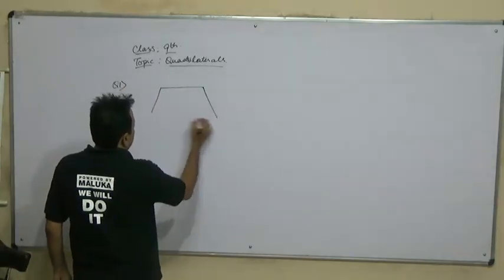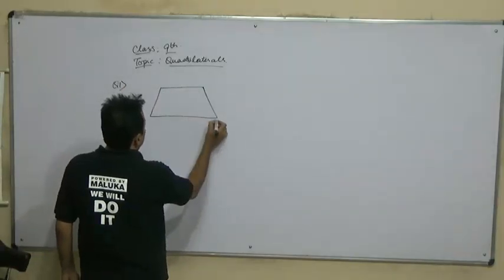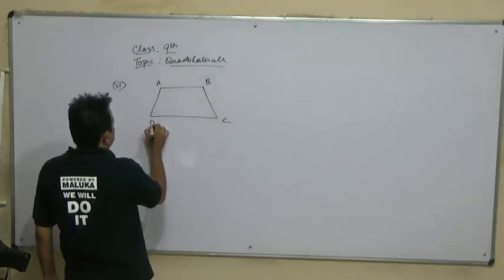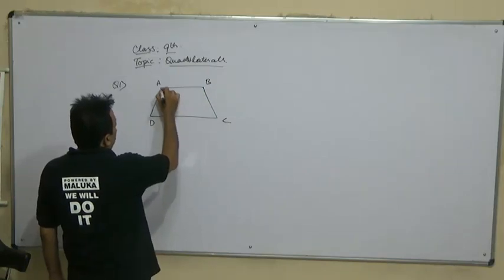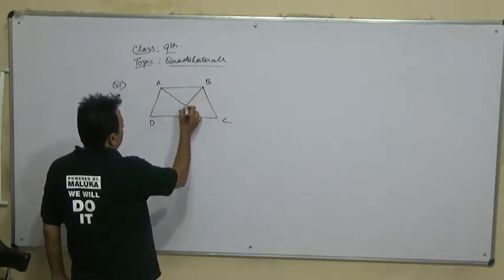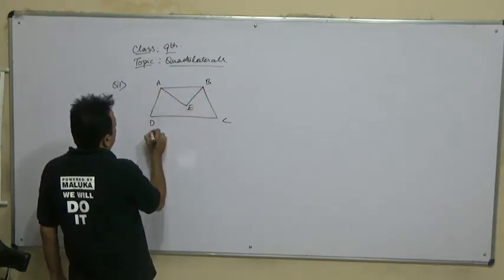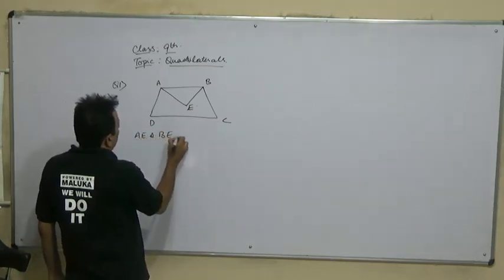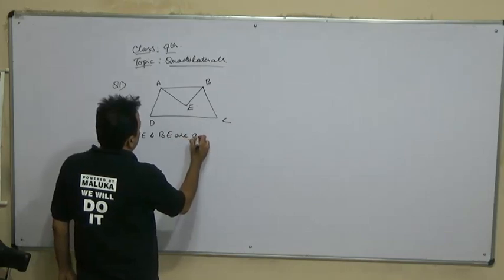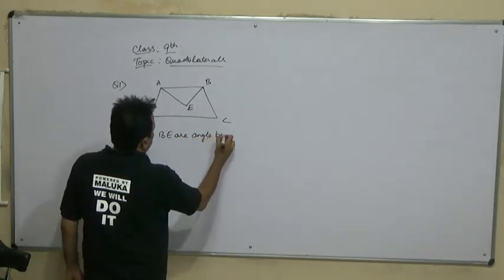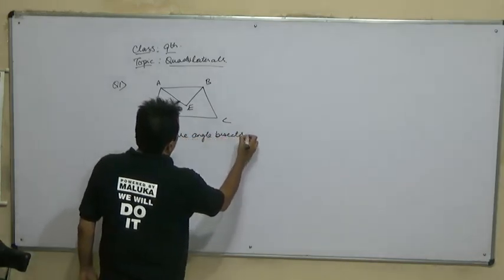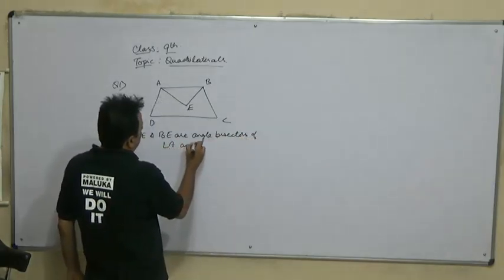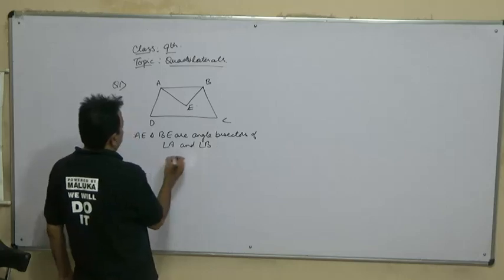ABCD is a quadrilateral where AE and BE are the angle bisectors of angle A and angle B. What do we have to prove?